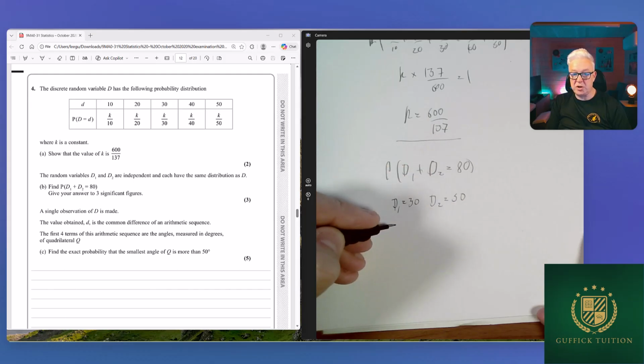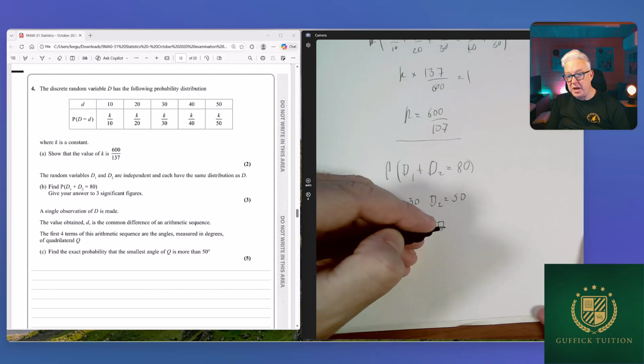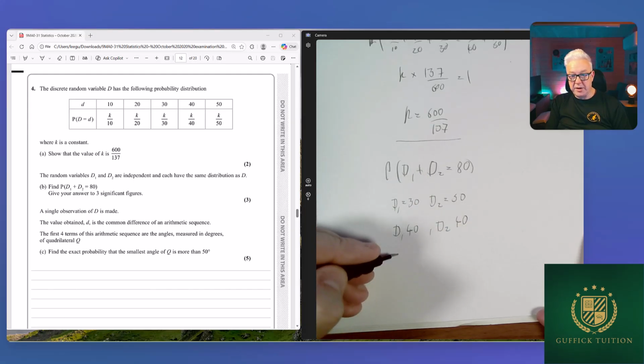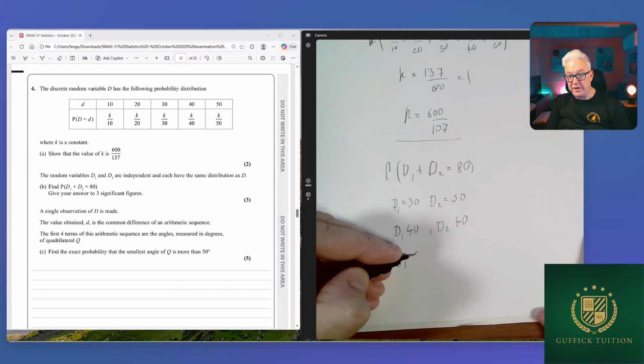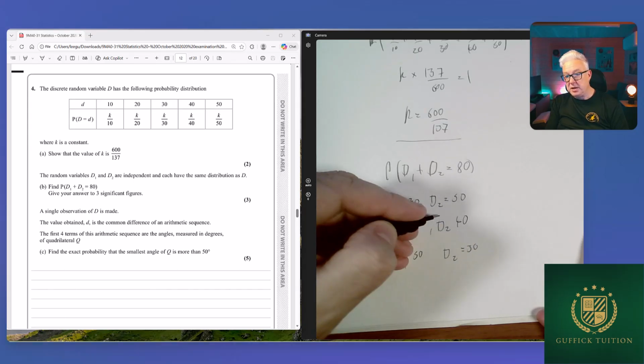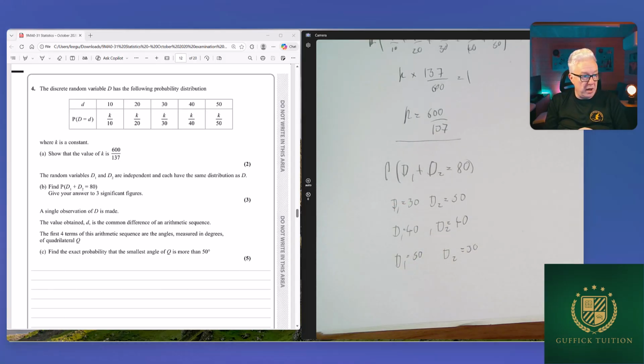Another combination is that d1 is 40, and d2 is also 40. Another combination is that d1 is 50, and d2 is 30. So those are all of our different possibilities.